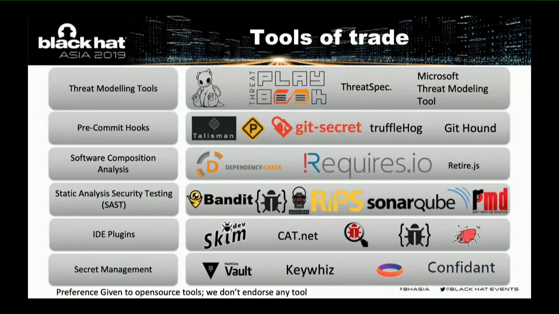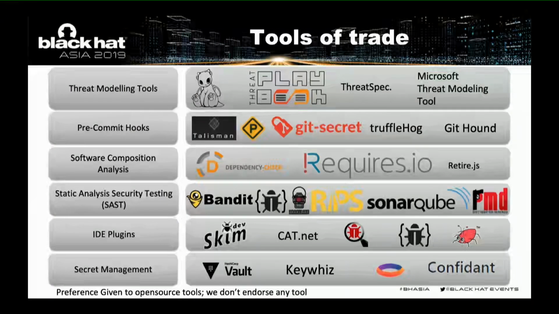So I wanted to give an idea that the tools are not the problem. It's not that the tools are not available. What you're seeing right now is the list of open source tools. I wanted to be vendor agnostic, so all the tools that you see here are either freely available for use or open source.